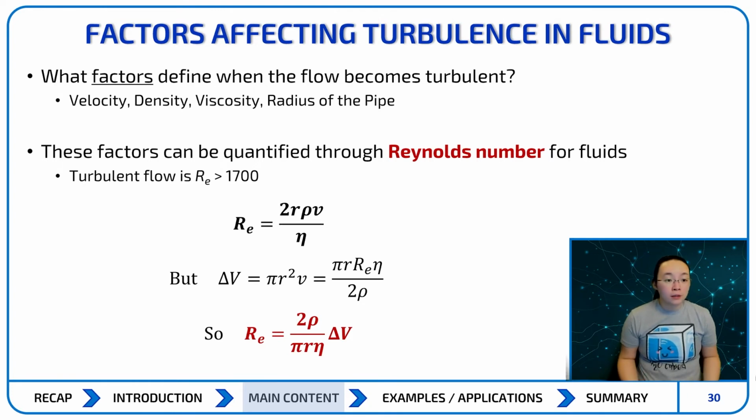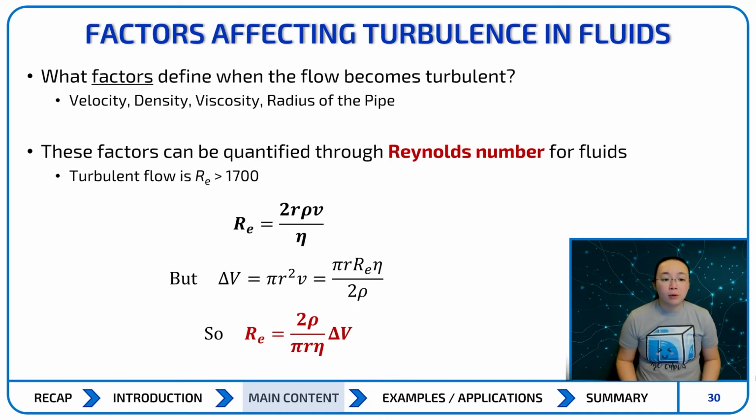So what kind of factors define when the flow becomes turbulent? Very similar to airflow, we can use the Reynolds number to determine not the viscosity, but how turbulent your fluid flow is. The factors that define this are the velocity, the density of your fluid, the viscosity of your fluid, as well as the radius of your pipe.